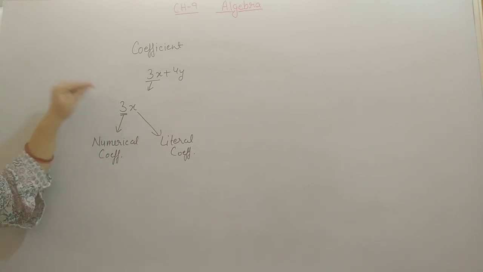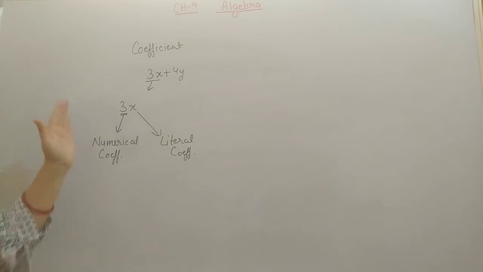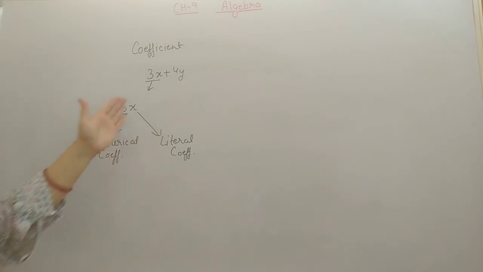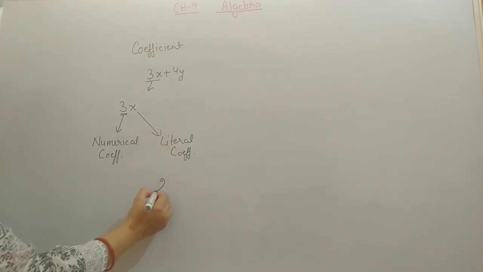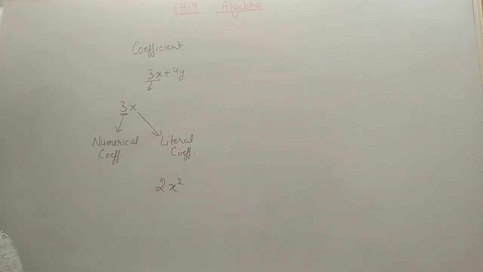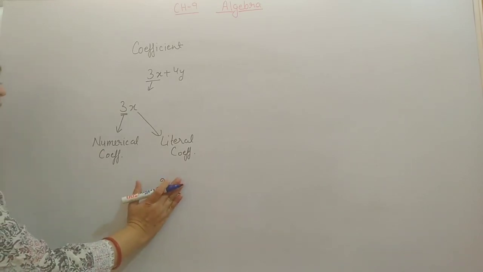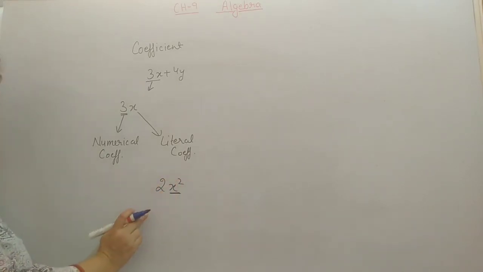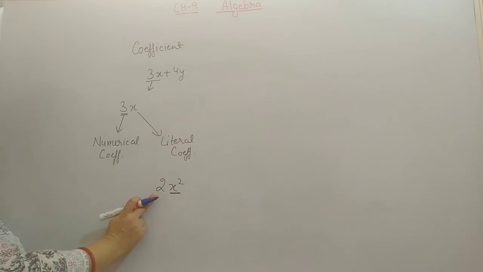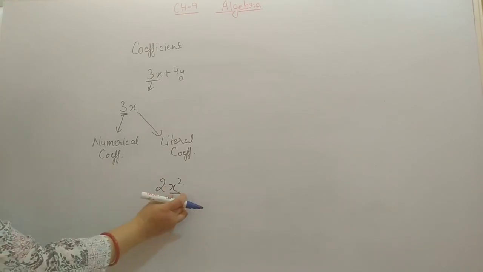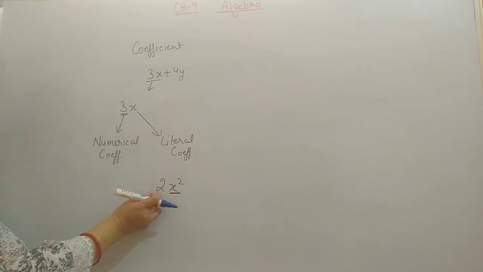So coefficient means the factor which is multiplied with the other number or literal. For example, if you have 2x square and the question is what is the coefficient of x square, you have to just hide this x square and whatever is remaining, that is the coefficient of x square. So coefficient of x square is here 2.